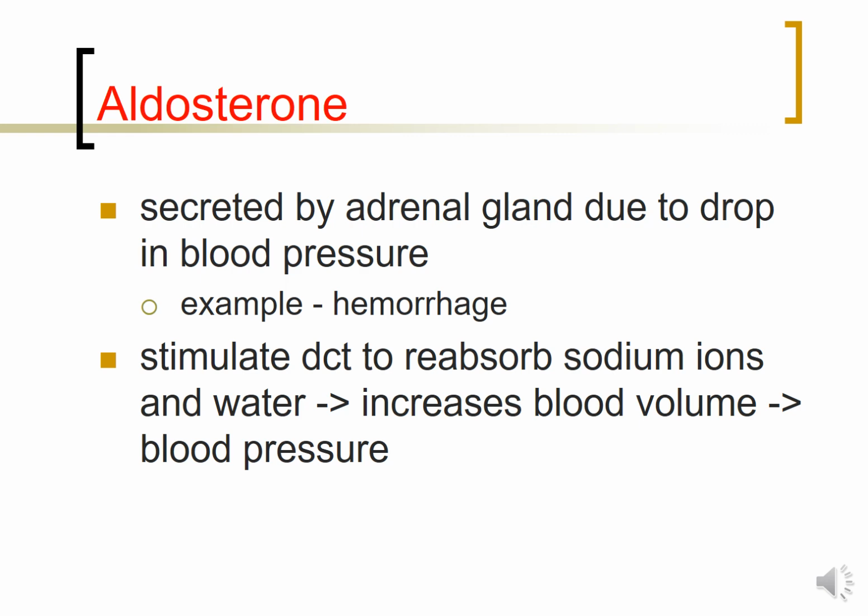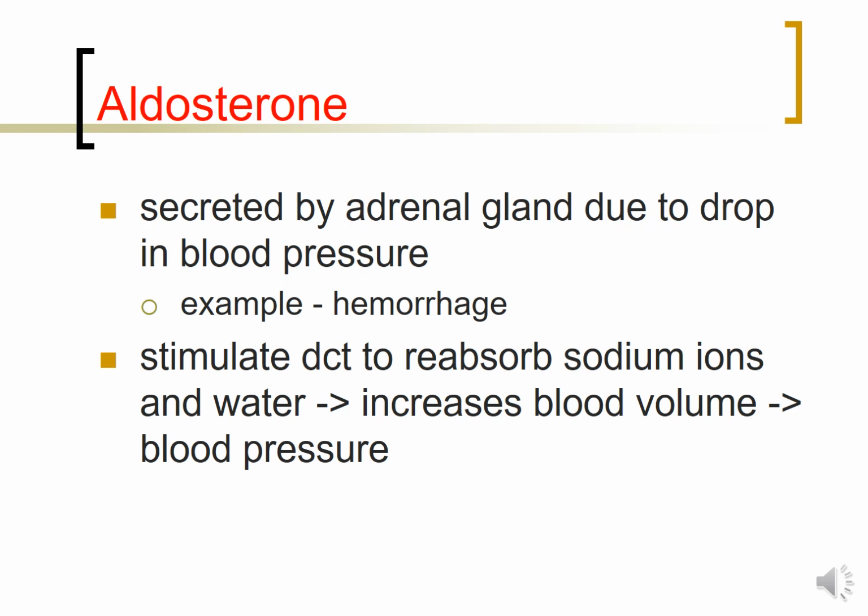There are specialized cells in the kidneys that detect that blood pressure is starting to drop, and then they trigger the release of aldosterone. An example of when this would occur is perhaps if you were hemorrhaging or you were extremely dehydrated and had a very low blood volume, right?